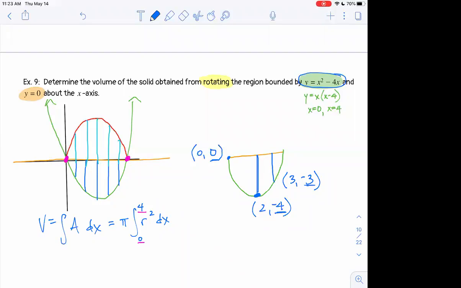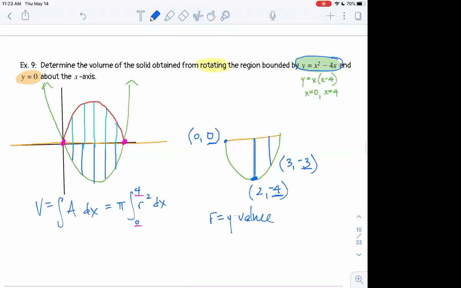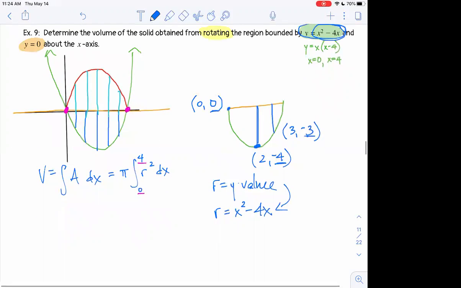Okay. So it seems to me like all of the radii are determined by the y value of the function. So we can say that r equals the y value of the function. And that means that we can just use this function, x squared minus 4x. So r equals x squared minus 4x, because it's already solved for y for us, and so we don't have to do the extra work.